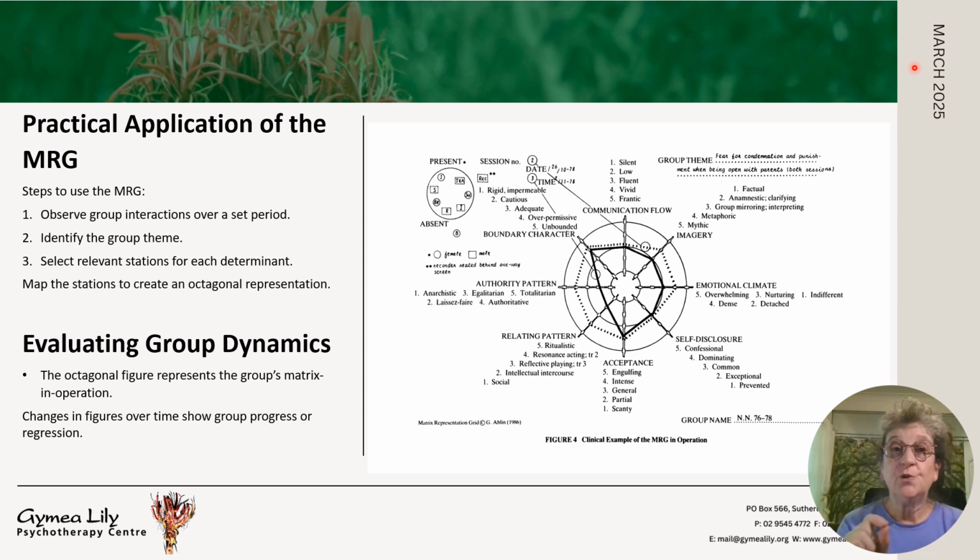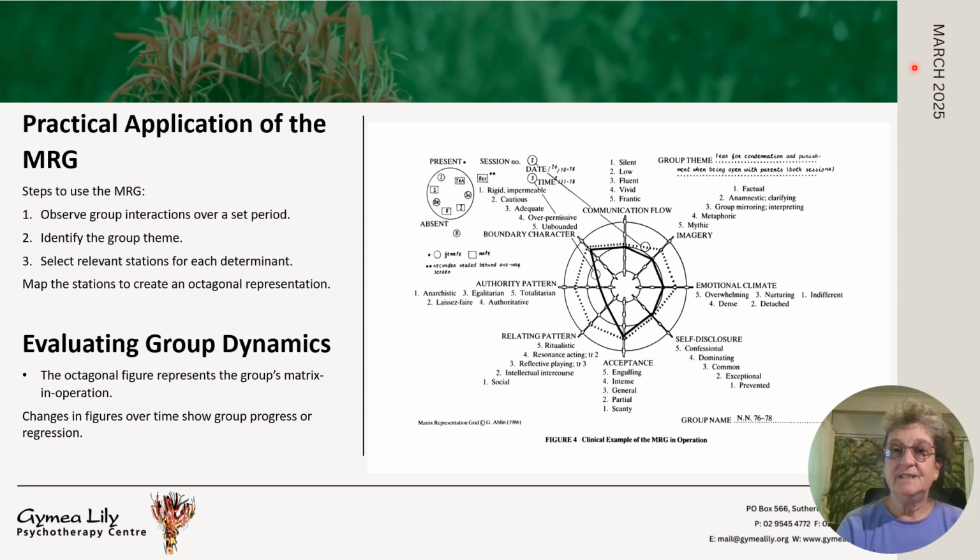So then we have 2 points in time. We've got the dotted line, which is the earlier group, and we've got the solid line, which is a week later. So with this grid, you pick 1 relevant station on those 8 determinants we talked about to describe the interaction and dialogue for each determinant.